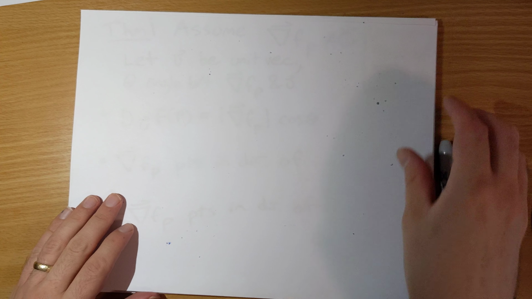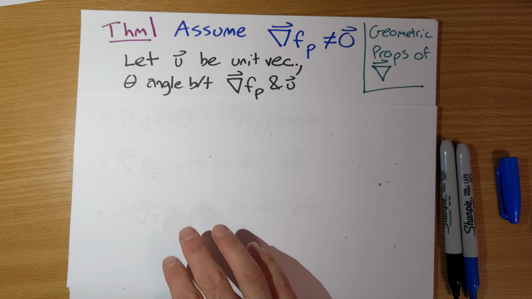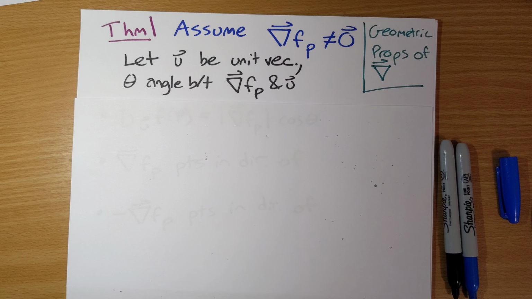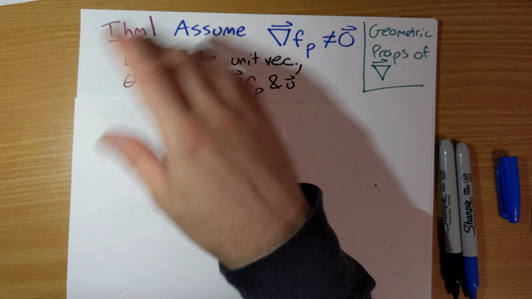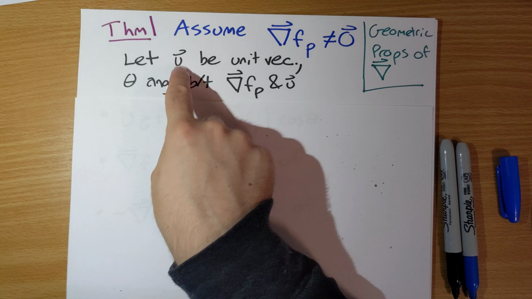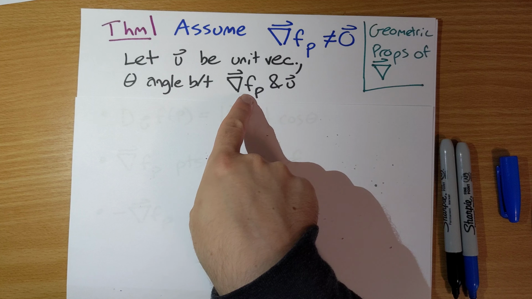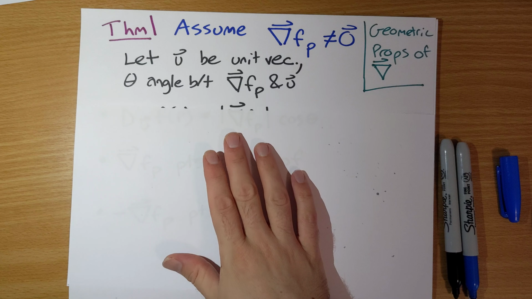So I made up this theorem sheet here. I'm going to call this geometric properties of the gradient. It's going to run onto a second sheet here. So throughout, we're assuming the gradient is not equal to the 0 vector, otherwise that's pretty boring. u is the unit vector. Theta, as always, is going to be the angle between the gradient evaluated at P and our unit vector.